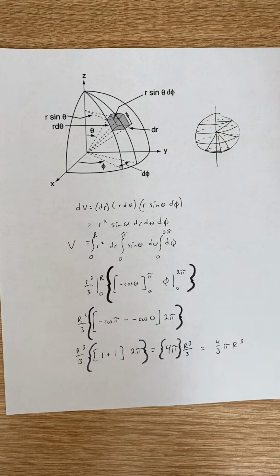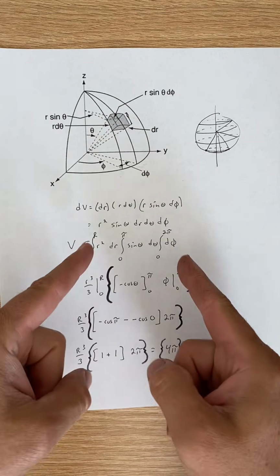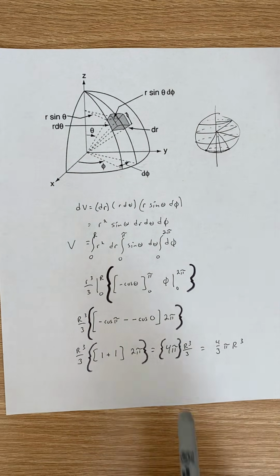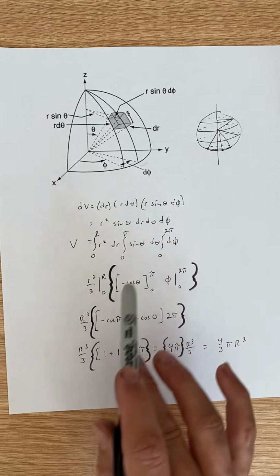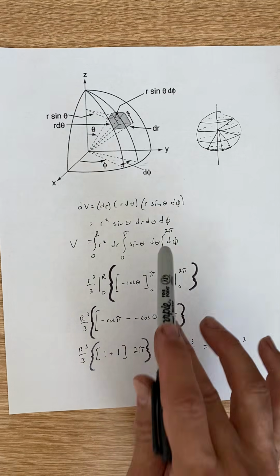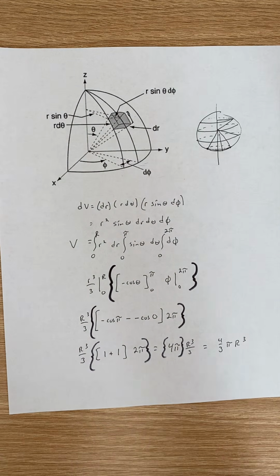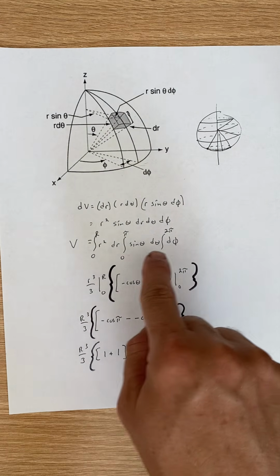As long as you know that, and as long as you can do this in the background, you can easily evaluate these angular integrals without actually doing the integration. If you see sine theta d theta from 0 to pi, d phi from 0 to 2 pi, you just memorize that that gets me 4 pi. The angular integrals always contribute 4 pi, unless there is another function in here.